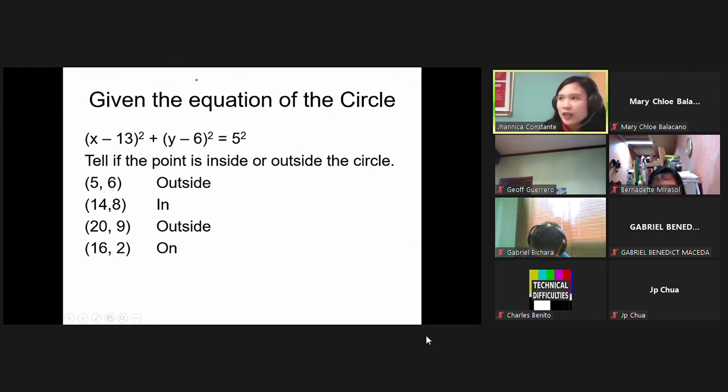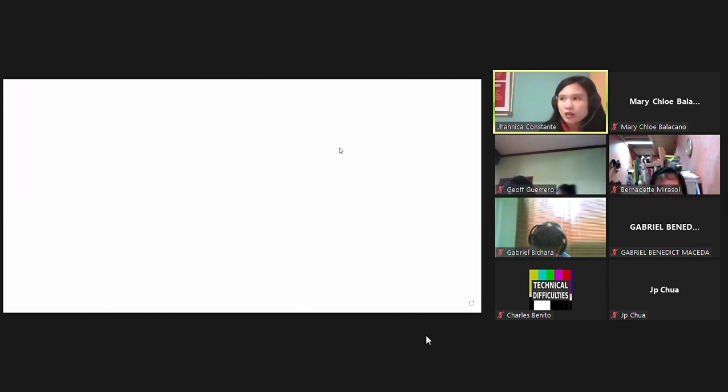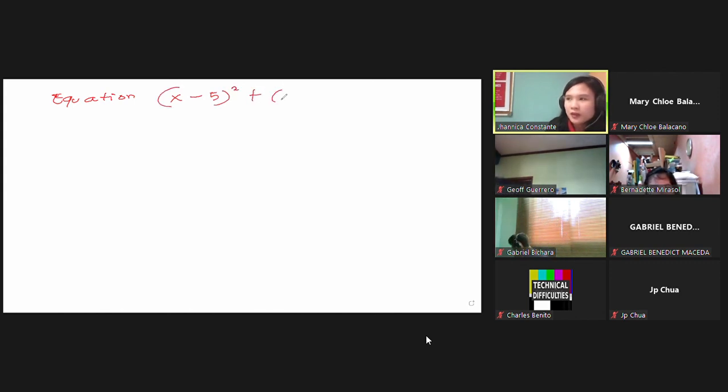For example, we have the equation, and we're going to identify if the given point is on the circle, outside of the circle, or inside of the circle. Example, the equation of the circle is (x - 5)² + (y + 3)² = 2².